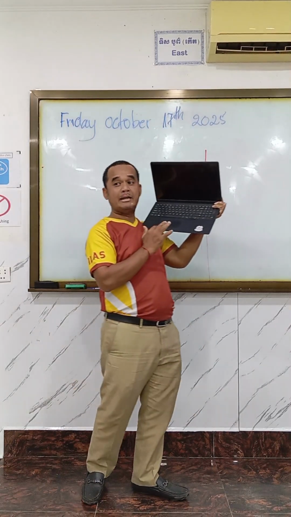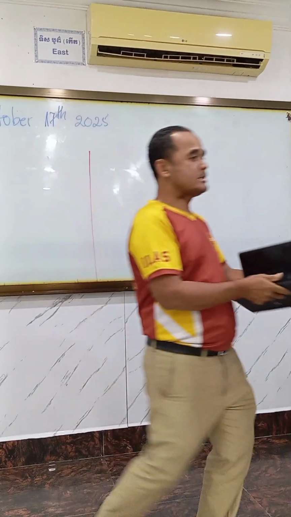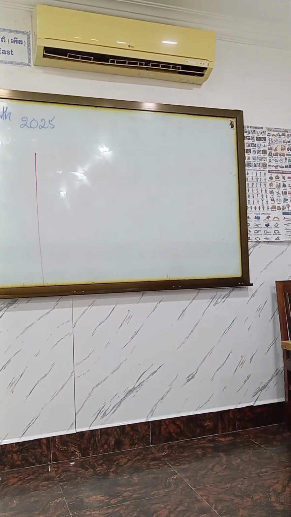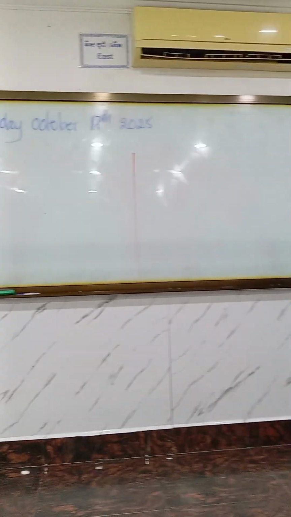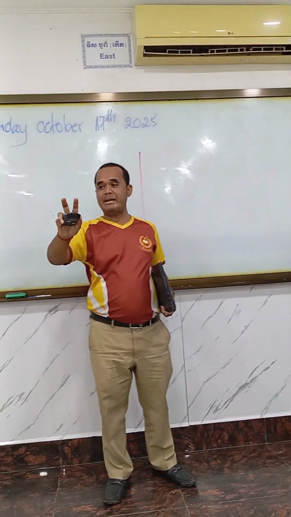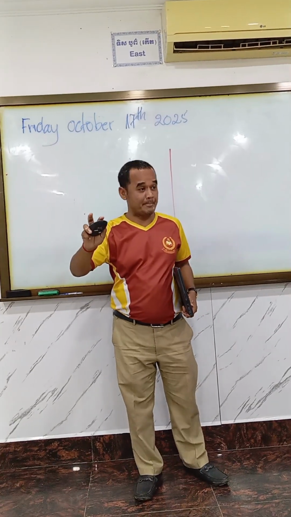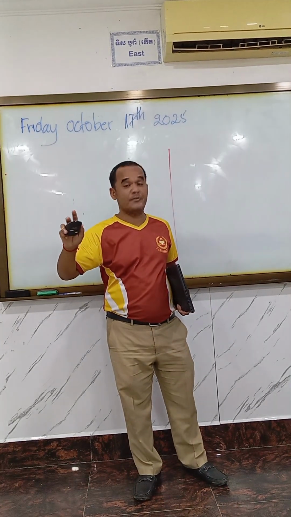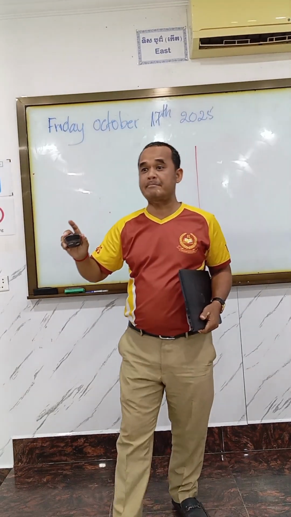We should practice typing in Microsoft Word for a long time. You understand? And we have the mouse like this, just one mouse, with right and left buttons. Before Microsoft Word opens, we press three or four times.